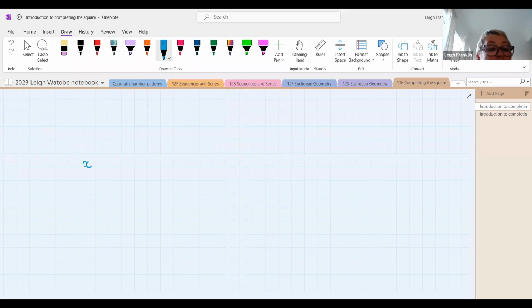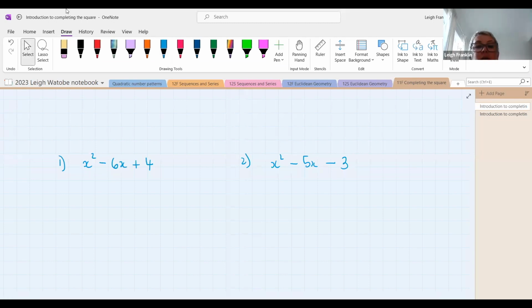So here, let's go with x squared minus 6x plus 4. You're going to complete the square on that. Or if you're feeling brave, you can try that one. Let's see if we can end on a positive note.